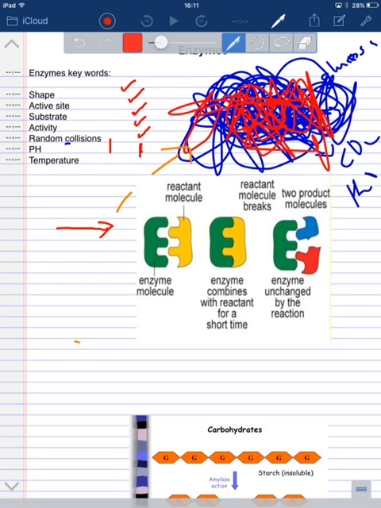The enzyme is the green, and the reactant is the yellow. And we give these special names. The groove here is called the active site. And the yellow is called the substrate.